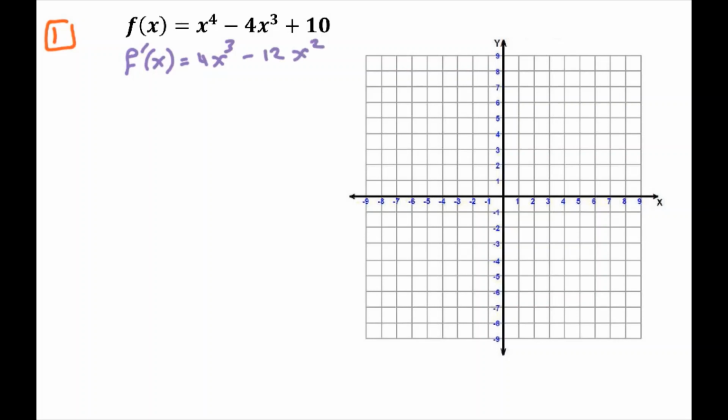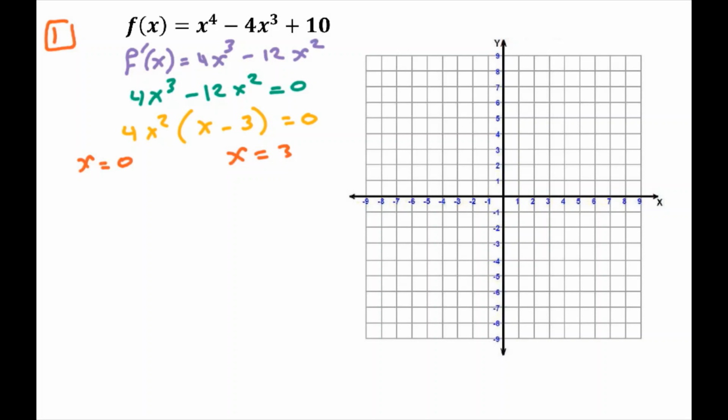In order to find the critical points, we need to make this equal to 0. Factor it. So it's either x equals 0 or x equals 3. These two are critical points.